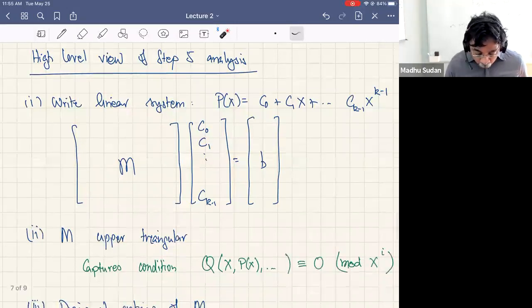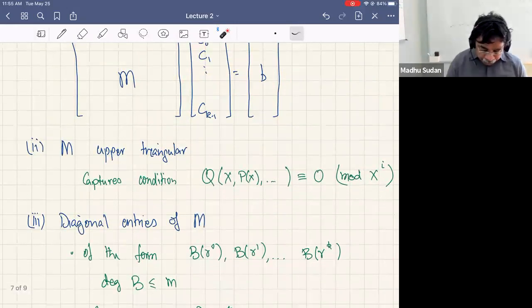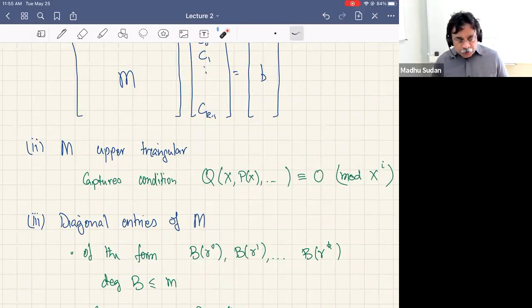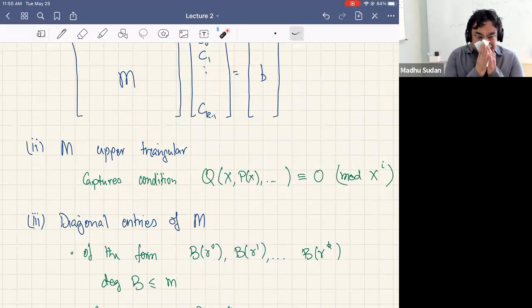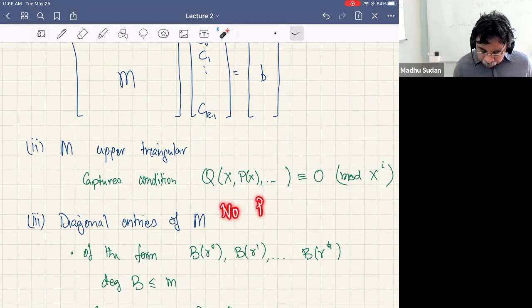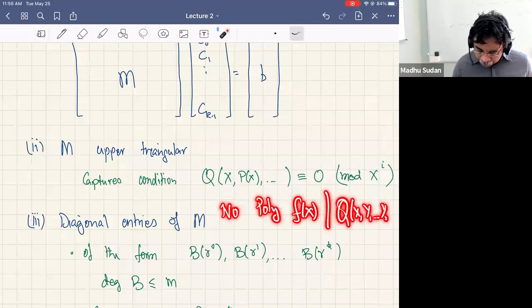So why is that the case? By the way, we have to choose the polynomial Q a little carefully for this. If Q happens to have a divisor which is some polynomial in X, we will not allow it. We will insist that no polynomial f of X divides Q of X, y1 to ym.